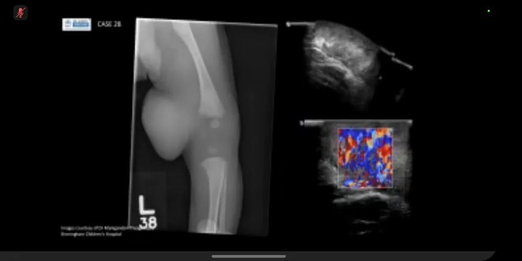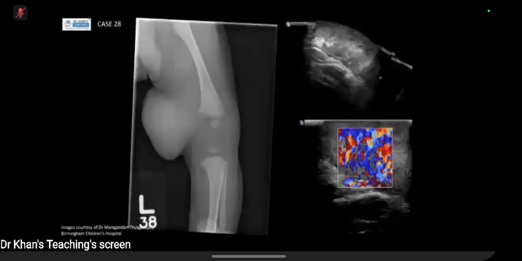So baby, it's an infant, less than 1 year old. Of the knee joint, showing a large soft tissue mass lesion on the dorsal aspect of the distal femur. The adjacent bone appears normal. It's quite far away from the bone.